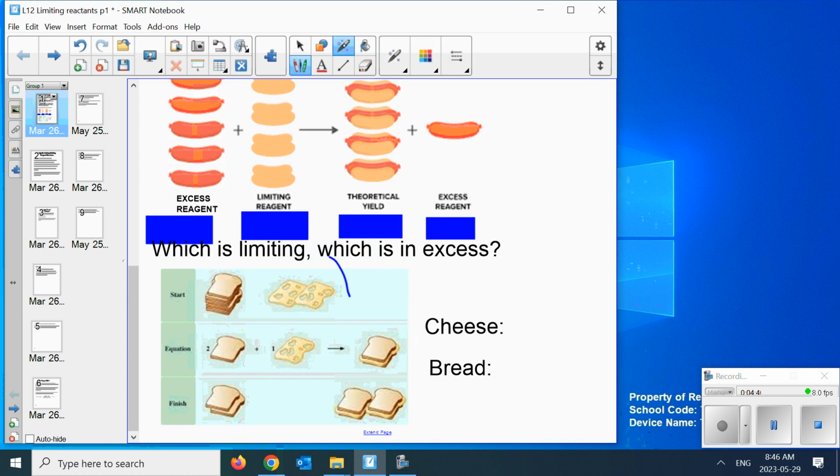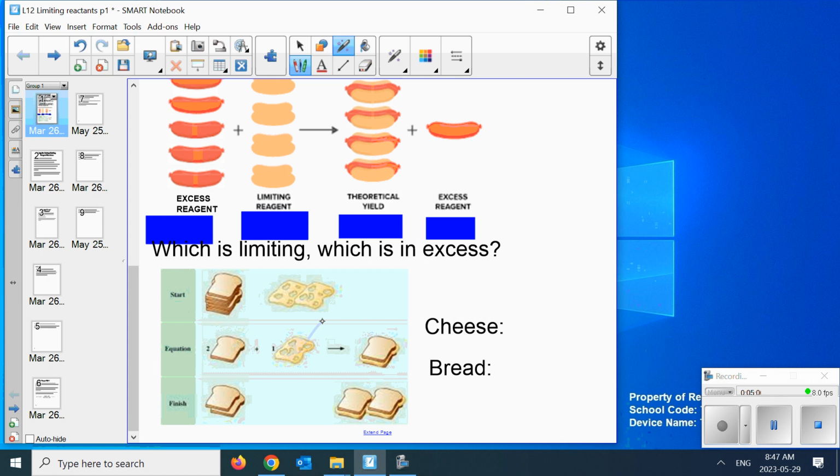Okay, back to this. I've got 2 slices of cheese, and I've got 1, 2, 3, 4, 5, 6 slices of bread. I think we understand 2 slices of bread per sandwich, 1 slice of cheese. Now with all of this, which one are you going to run out of? You run out of cheese.